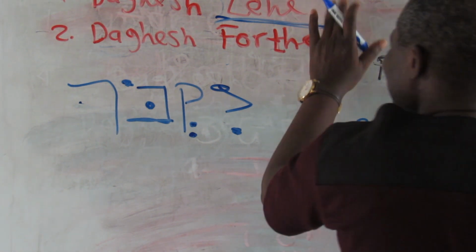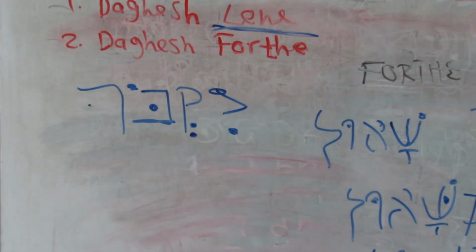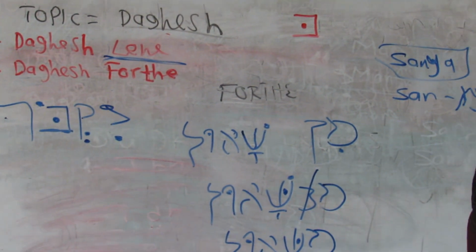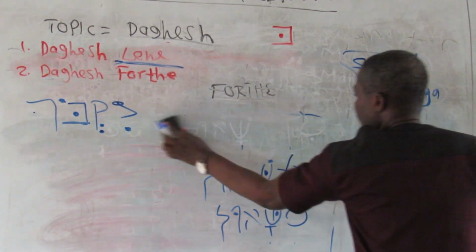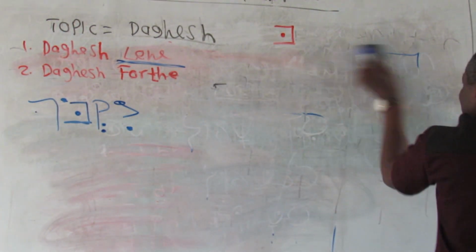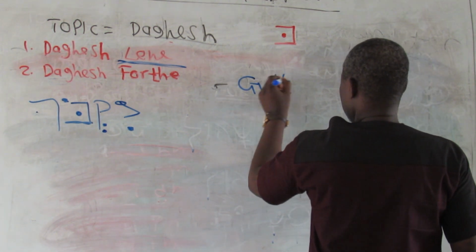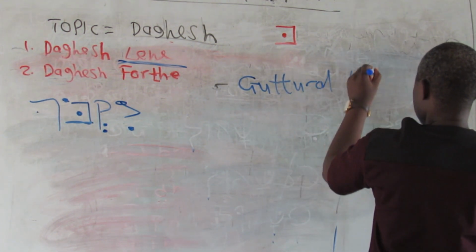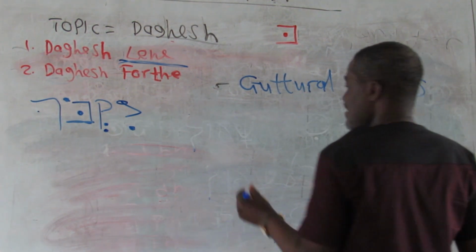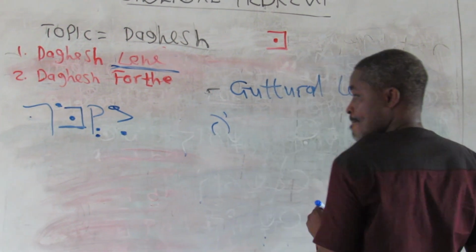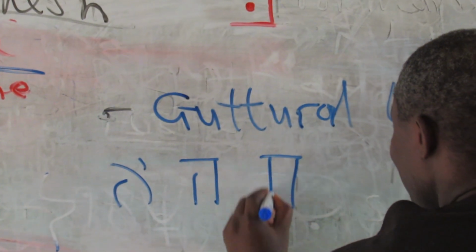Now, either Dagesh lini or Dagesh forte does not appear in about 5 letters. The first 4 are called guttural letters. Let me rub this off. I write it down. Guttural letters. And these are Aleph, He, Chet, and Ayin.